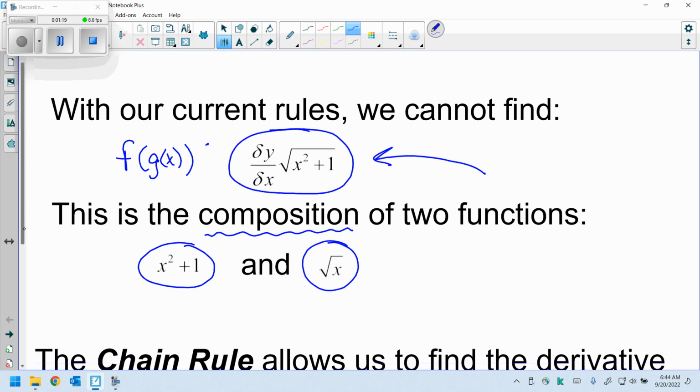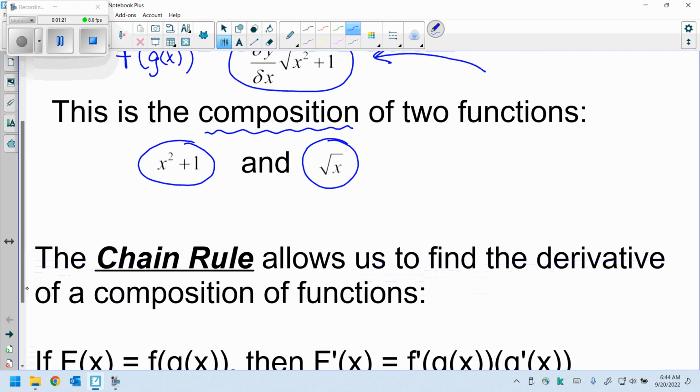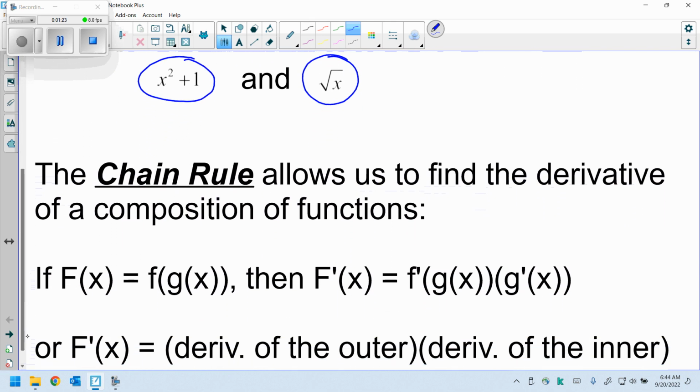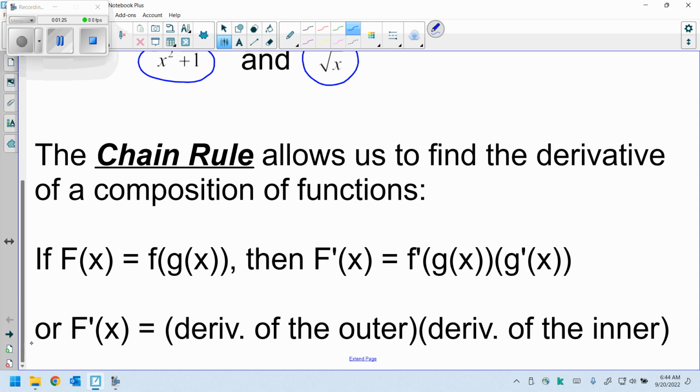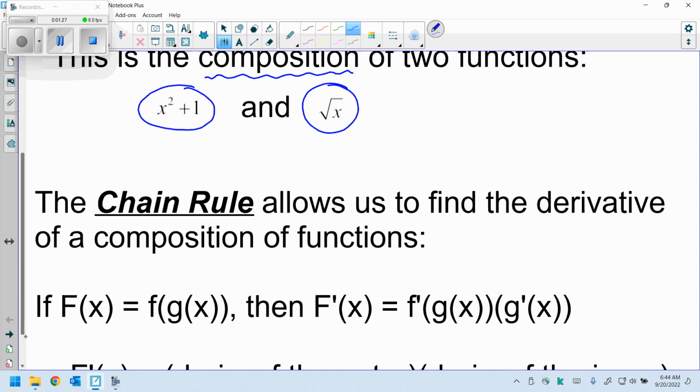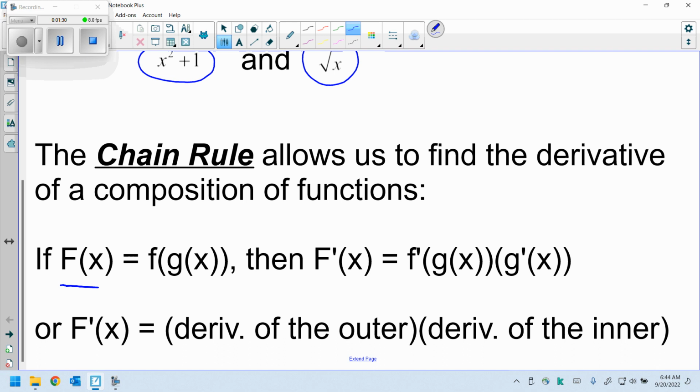Well, here's what the chain rule says we should do. If our function is equal to a composition of functions, then the derivative of our function, and I'm going to refer to this as being outside the parentheses and this as being inside. So we're going to have an outer function and an inner function.